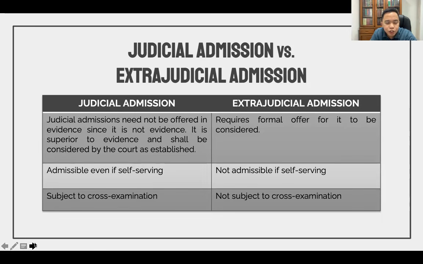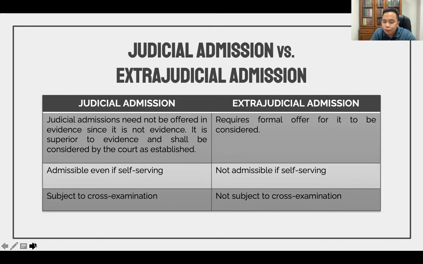Now, judicial admissions need not be offered in evidence. Since it is not evidence, it is superior, as a matter of fact, to evidence and shall be considered by the court as established. On the other hand, extrajudicial admission requires formal offer for it to be considered by the court.